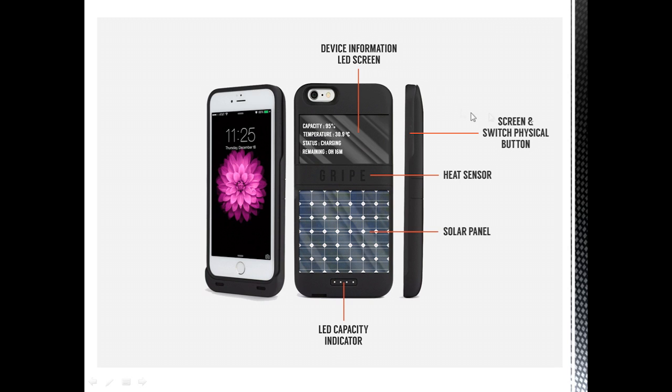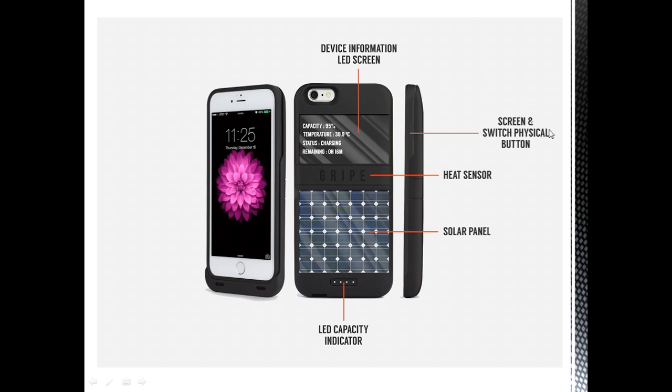We have the functions and features that we provide, like the device information LED screen that will give information to the user. We can see the capacity, temperature, also status and remaining battery status.